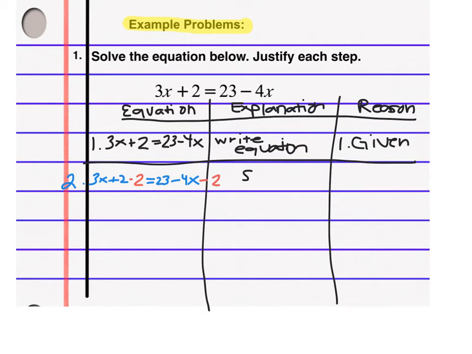Okay, so what did I do? I subtracted 2. That's my explanation. What property did I use, or what's my reason? Subtraction property of equality. So those are those properties we just did on the last slide.